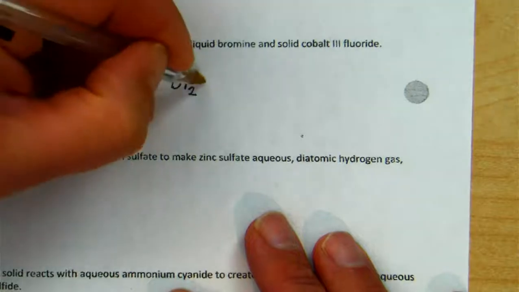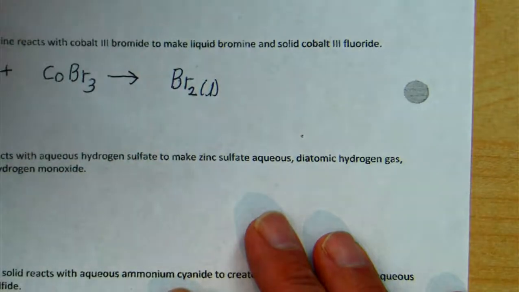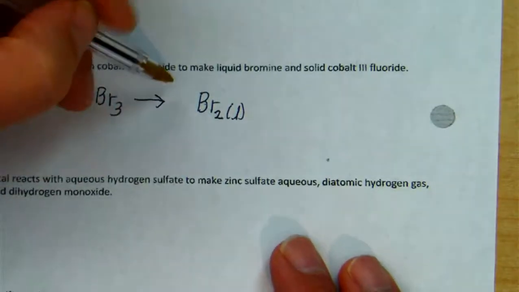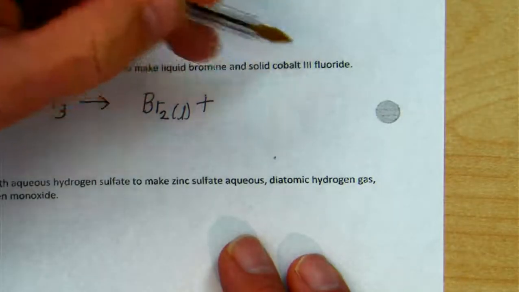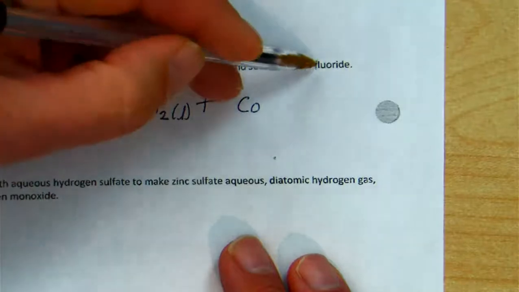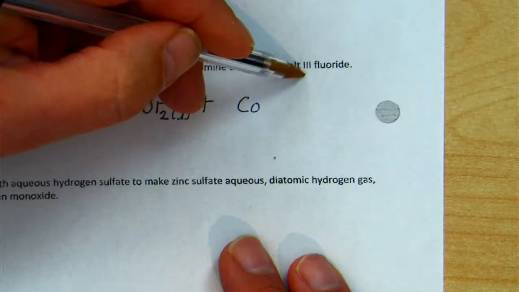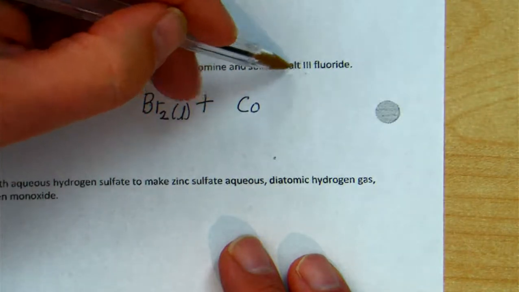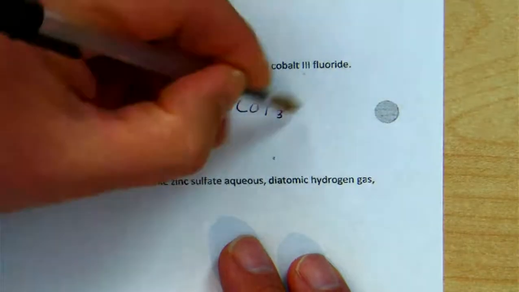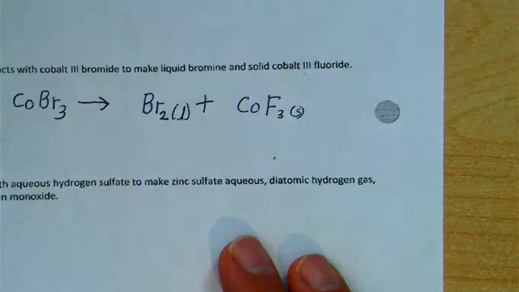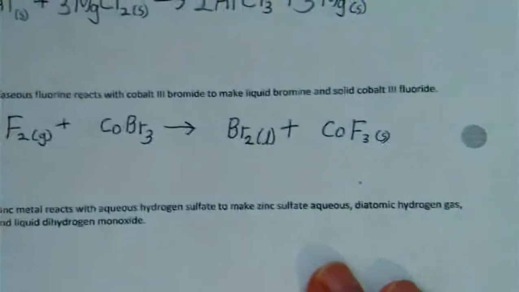And if it's liquid, then open parentheses, lowercase letter l, meaning liquid bromine. And is a plus sign. Solid, cobalt-3 fluoride. Cobalt is Co. Fluorine is a halogen, always a 1 minus charge. I need 3 of them to balance this cobalt-3. So F subscript 3, and then in parentheses, S, meaning it's solid. There is the skeleton equation.